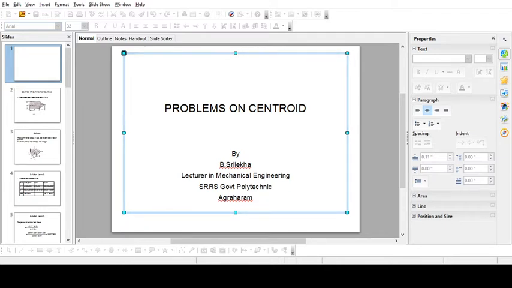In the previous classes we have discussed centroid, center of gravity, moment of inertia, and we have found the formulae for standard sections, and we have solved a few problems. In this session we are going to solve further some symmetric problems and also some non-symmetric problems. So let us discuss.